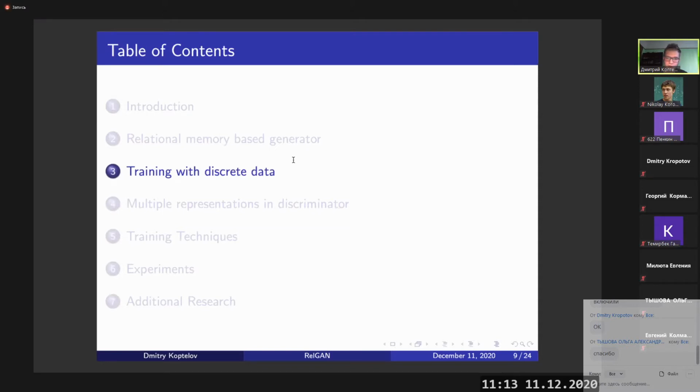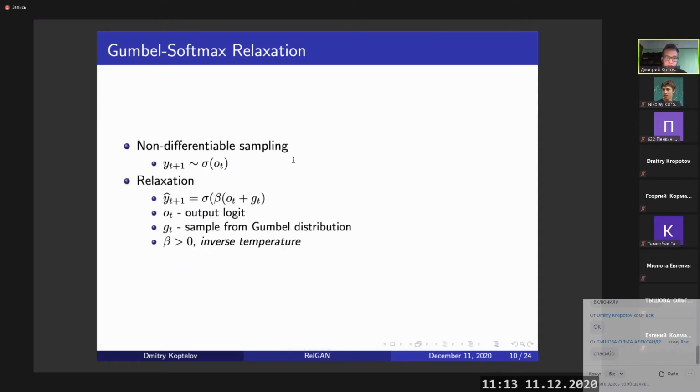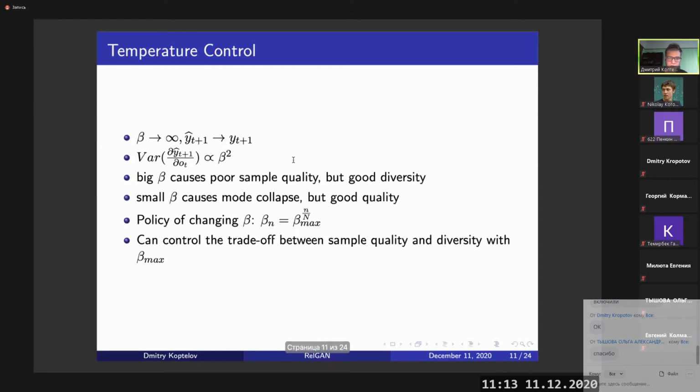Let's take a look at the Gumbel-softmax relaxation. Usually we sample output from the softmax of logits, but we need somehow to differentiate it, so we use relaxation. Gumbel-softmax has a parameter beta, the inverse temperature, and we can control this temperature.